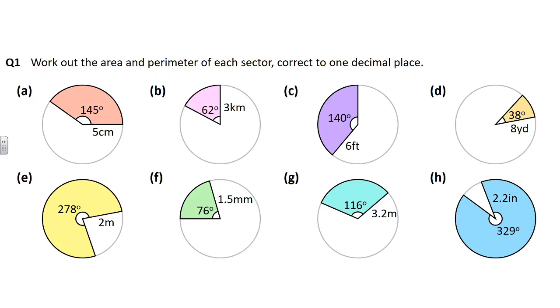Right, I'd like you to have a go at some questions, please. All of these need to be the area and the perimeter of each one correct to one decimal place. Can you pause it, have a go, and then press play when you're ready to check your answers?